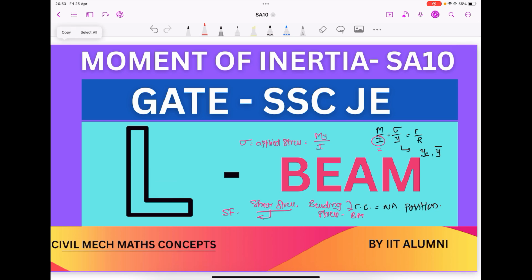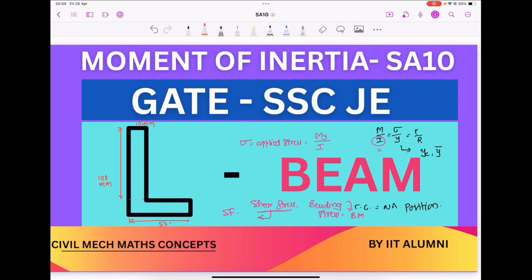This is the web part, the vertical part, 10 mm thickness, and let us say up to this is 100 mm, and this is 100 mm, and this is, let us say, 50 mm, because it is looking shorter than the length.